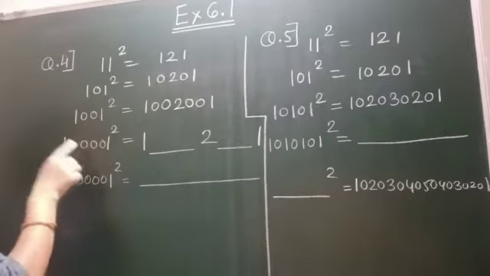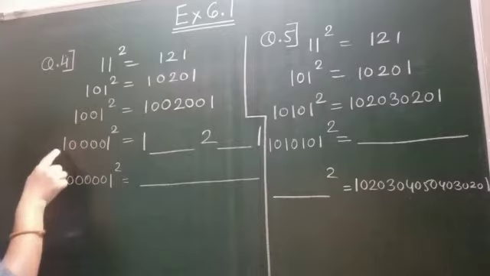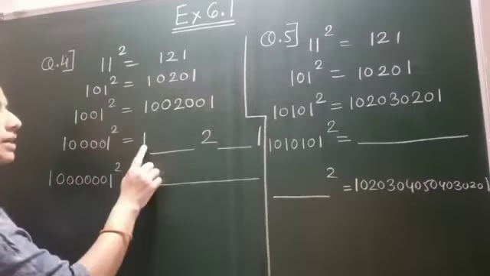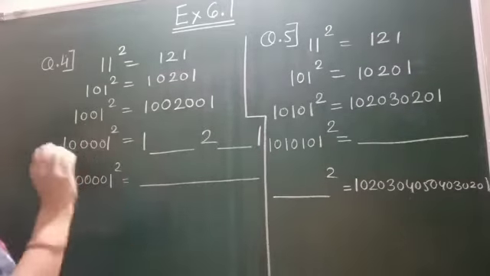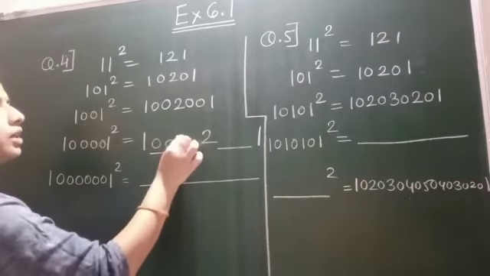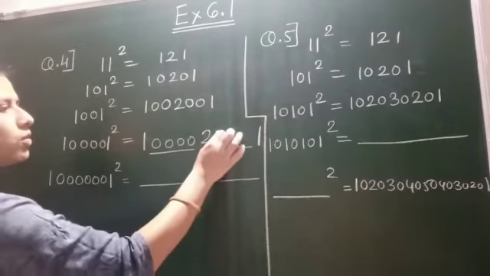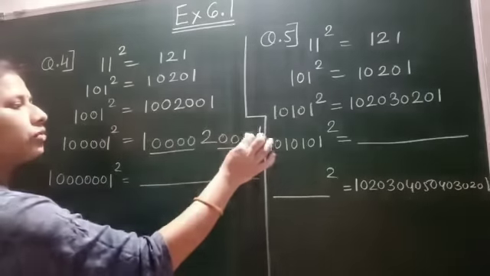So in the next step there are four zeros between these two 1s. Between this 1 and 2 how many zeros will come? Yes, 4. 1, 2, 3, 4. And the same 4 zeros between this 2 and 1 also. 1, 2, 3 and 4.